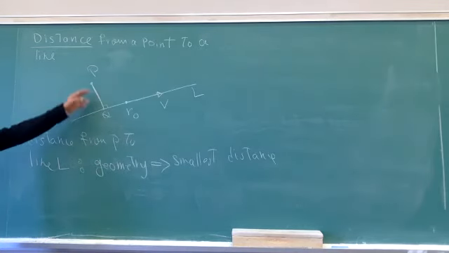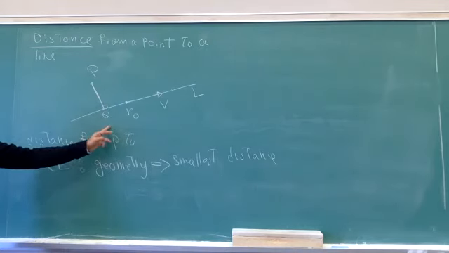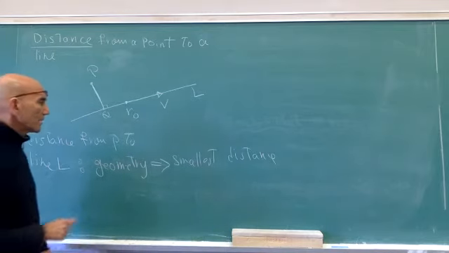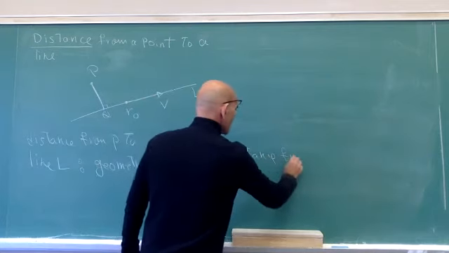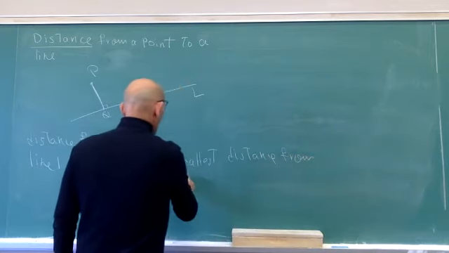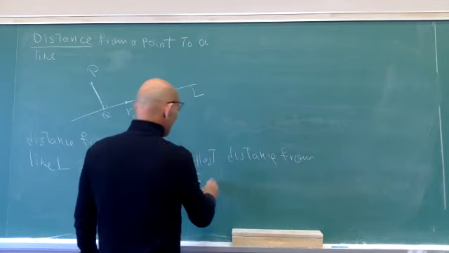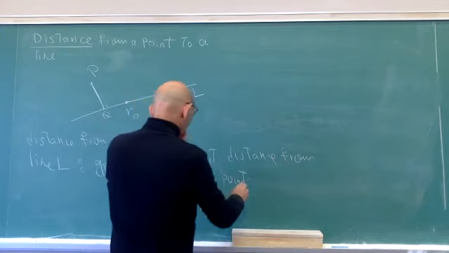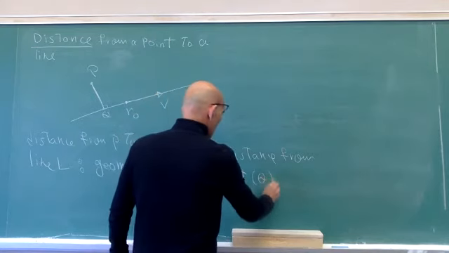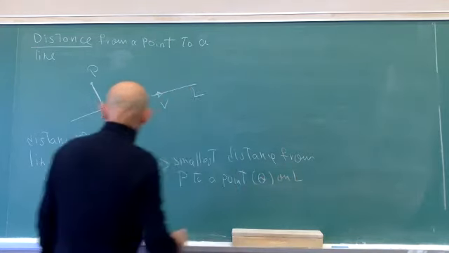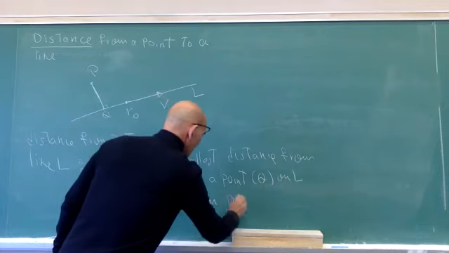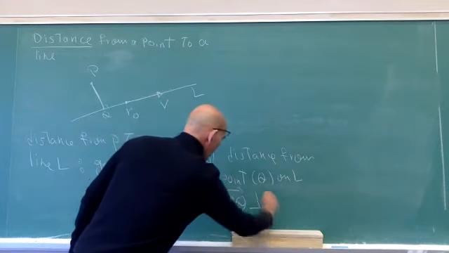We take the point that's closest, the point on L that's closest to P. So the smallest distance from P to a point Q on L is when PQ is orthogonal to V.